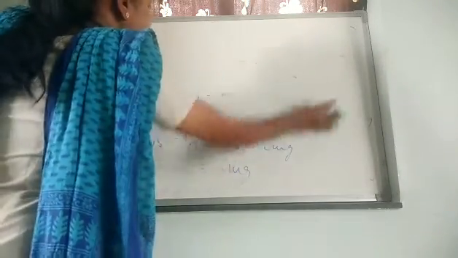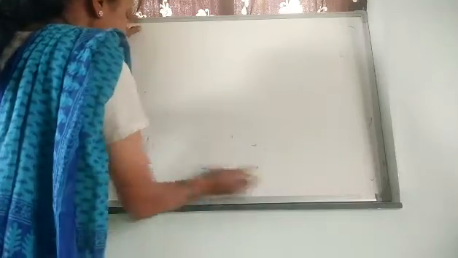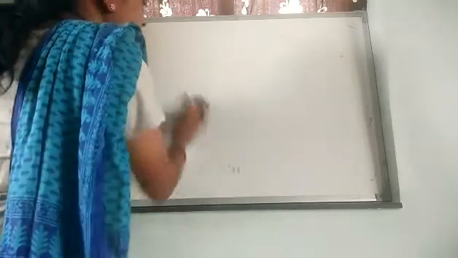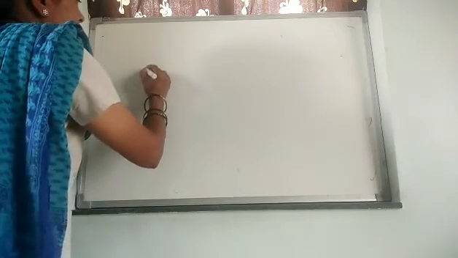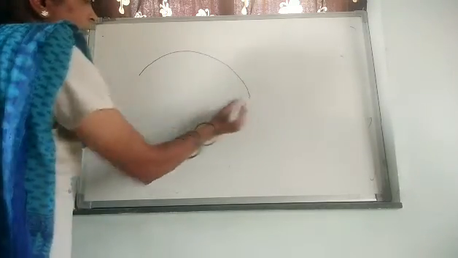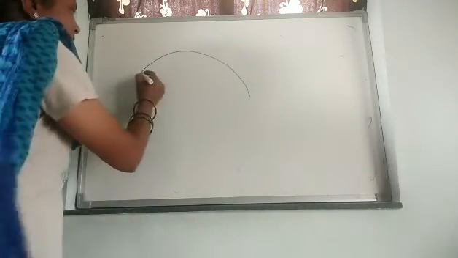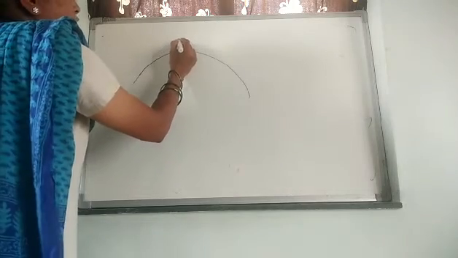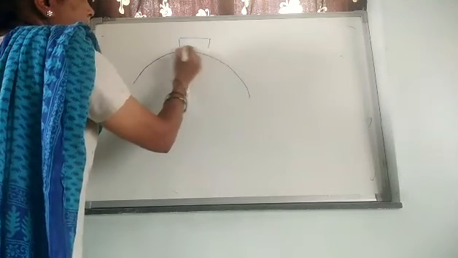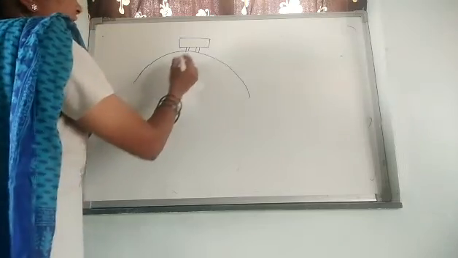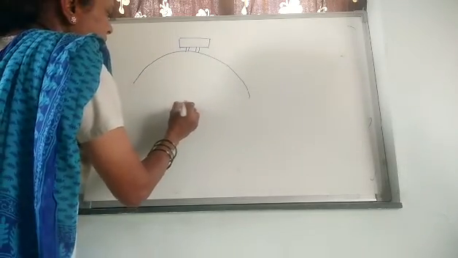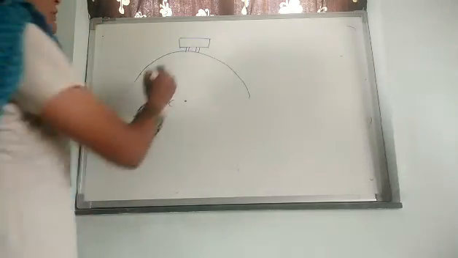Then we are going to see what happens in the expression if the vehicle is moving along a convex surface. This surface is like this. If the vehicle is at the top of the surface, then this is the center of this circular road.